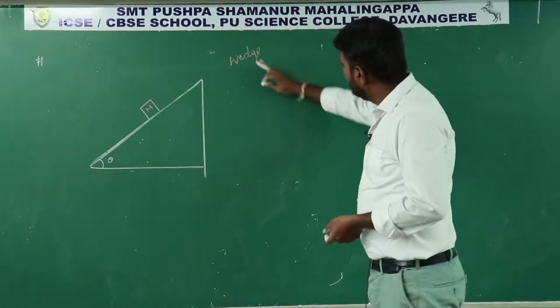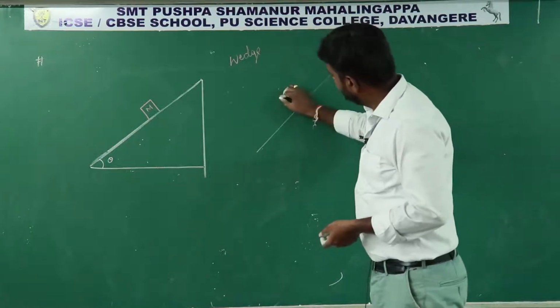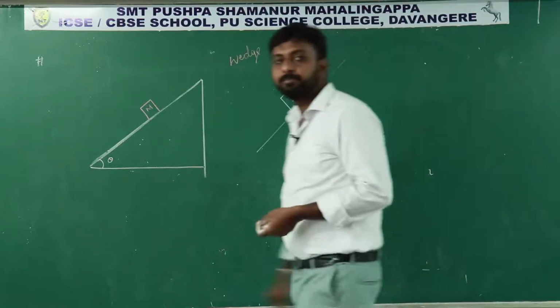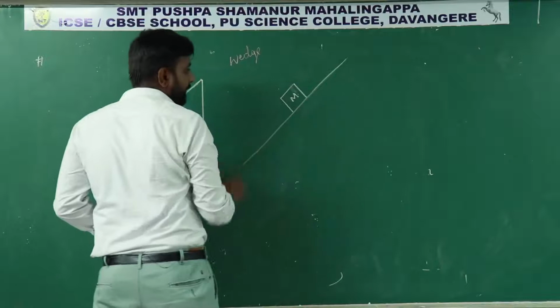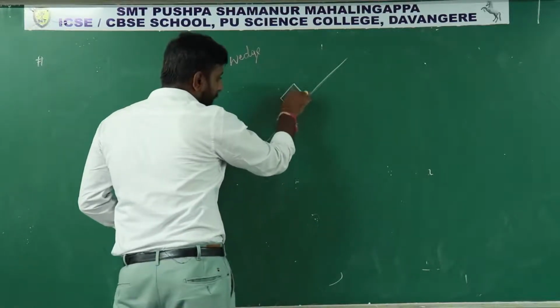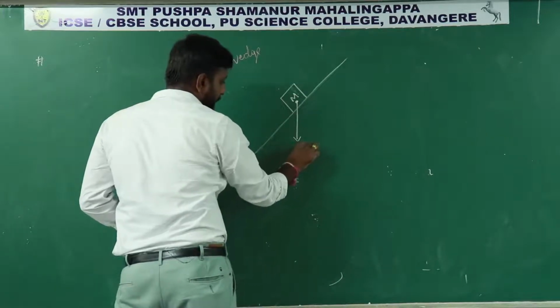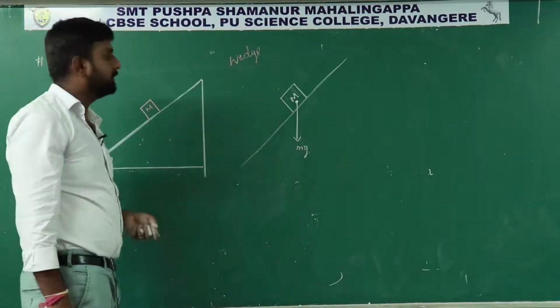Then in this plane you observe, this is the block of mass m, and in this case mg weight always acts vertically downward.